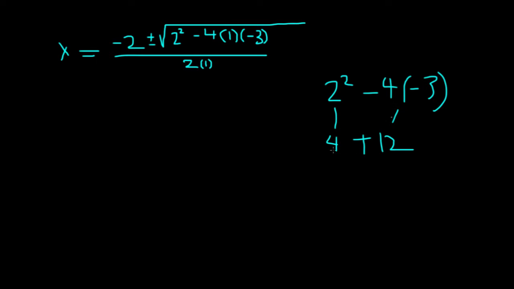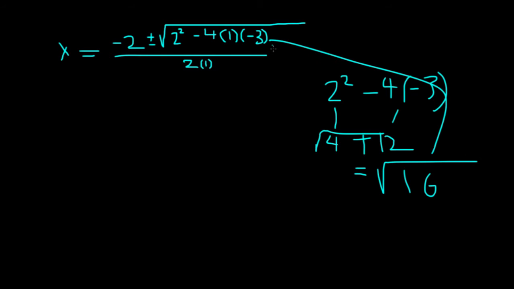And then this is under the square root. But guess what? We can do that even further. So then this equals the square root of 16. We can simplify all this, because this is now obsolete.